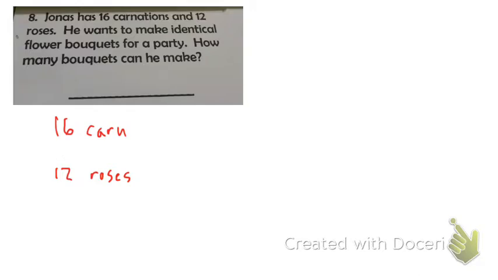In other words, what they're really asking is, what is the greatest common factor, the biggest number that can divide these evenly? The biggest number that can divide 16 and 12 is 4. So you can make 4 total bouquets.